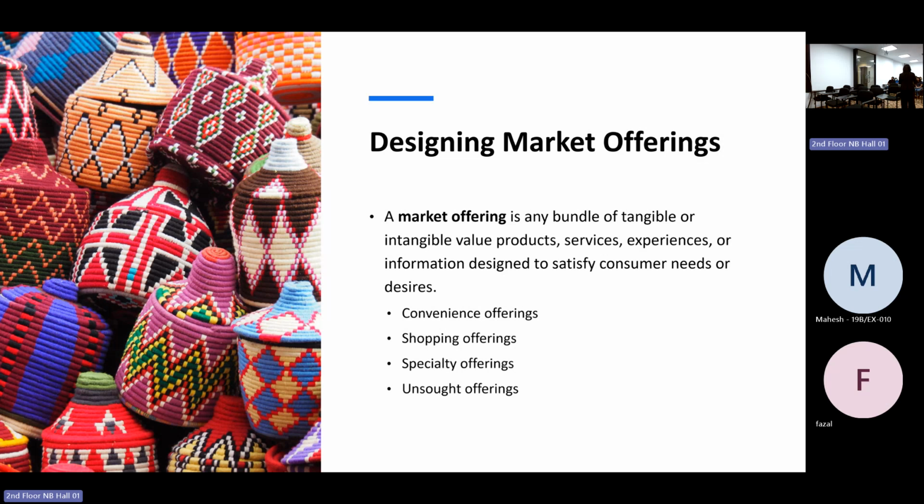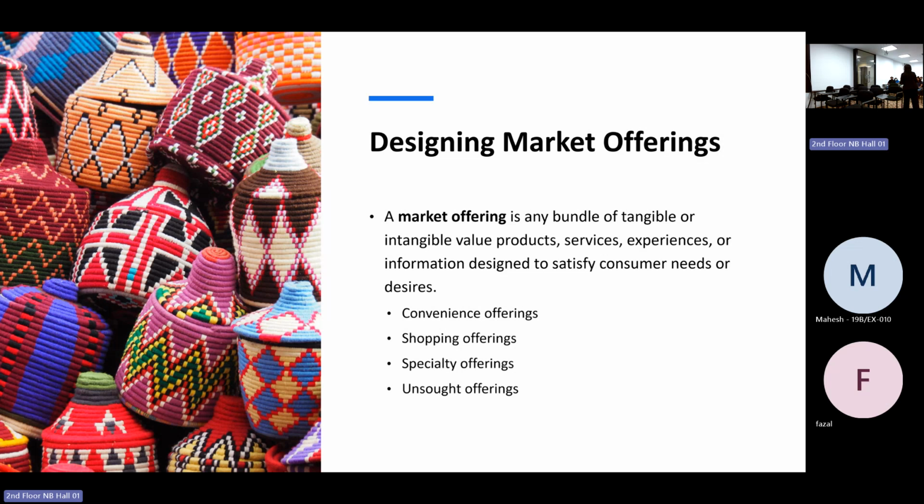Right? Only when a need arises to buy it, we buy this product. Those products we call unsought, right? So the common example is insurance, right? Insurance or maybe funeral related products, those services that we buy, right? We are buying those only when we need it. Those come under that.